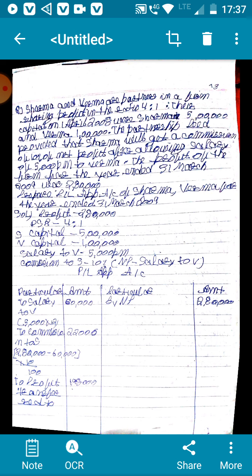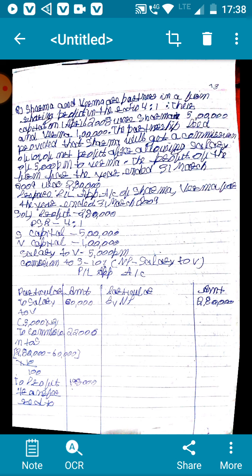Follow the solution to make it easy. We can write the information which is given in the question. Net profit is equal to 2,80,000. Profit sharing ratio is equal to 4:1.